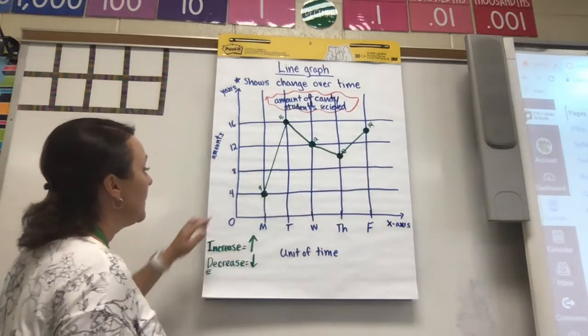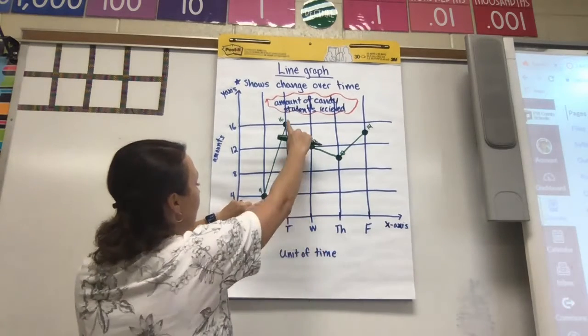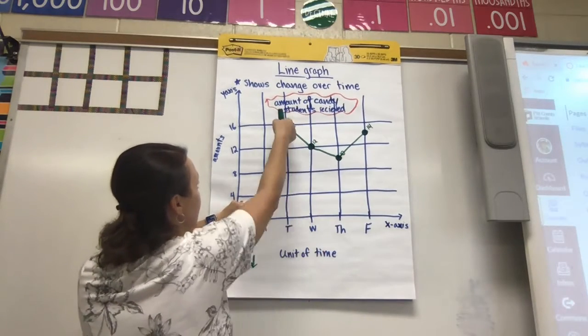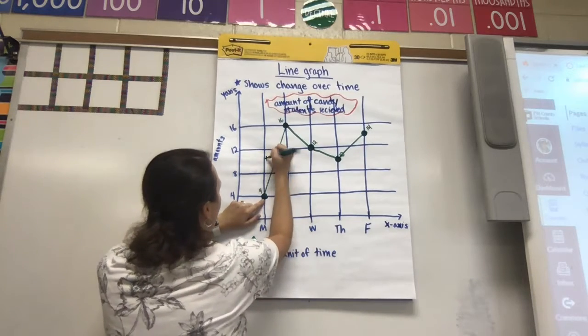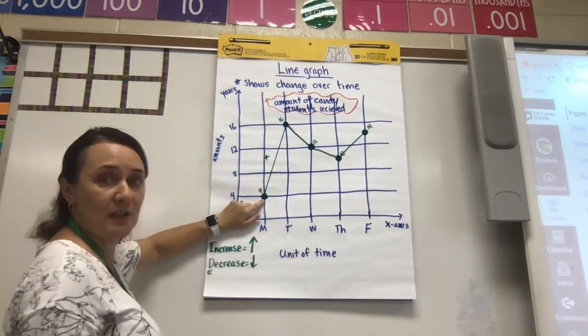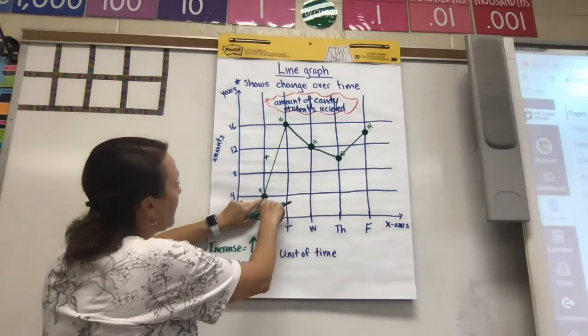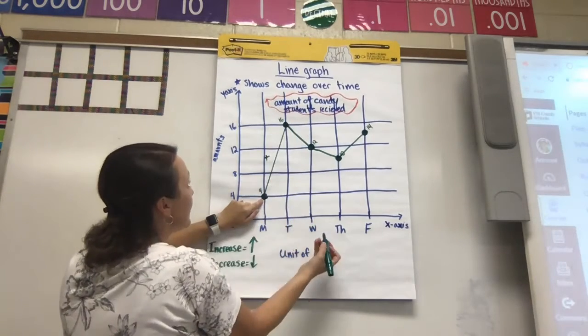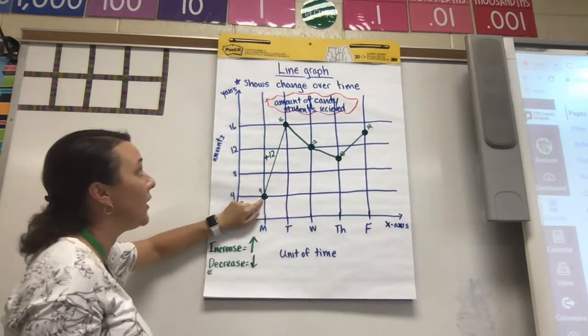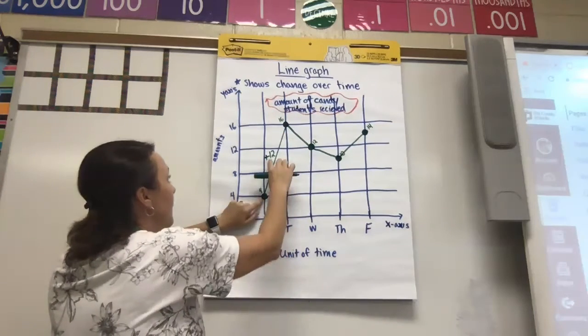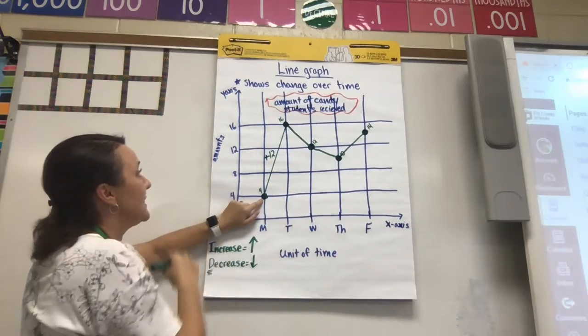So let's look. Between Monday and Tuesday, did it go up or did it go down? It definitely went up. Well, how much did it go up? Well, it went from 4 to 16. So the difference between those two numbers is 12. It went up 12. 16 minus 4, it went up 12. All right, let's look at the next one.